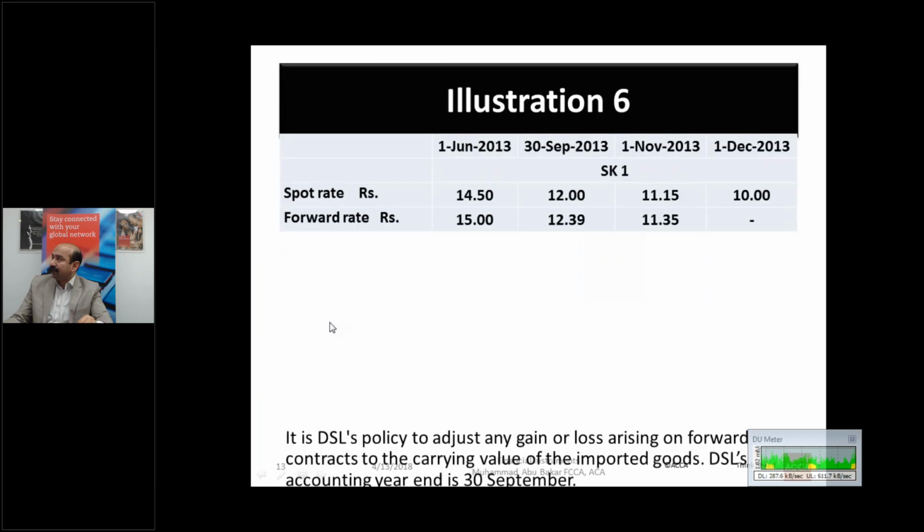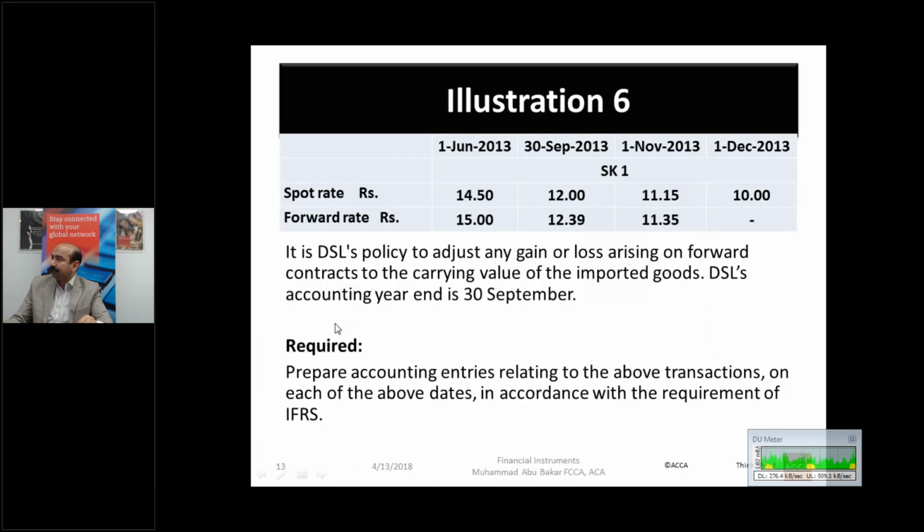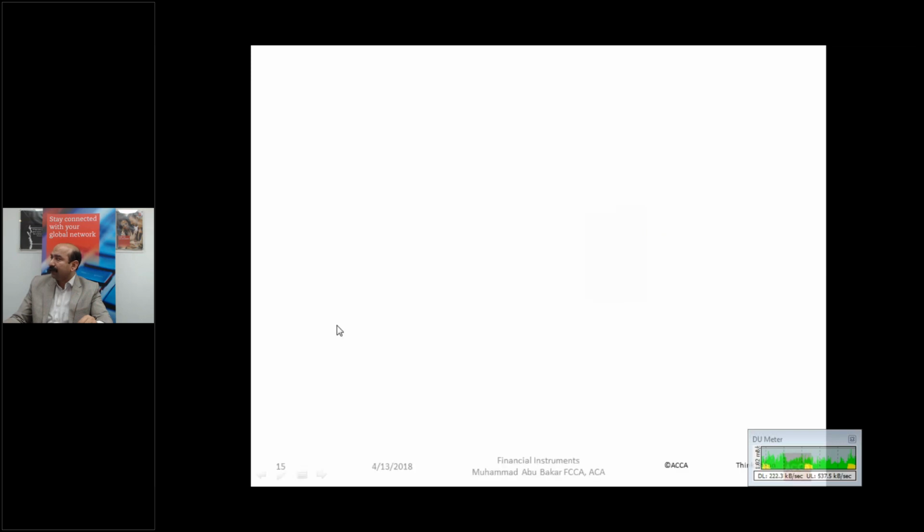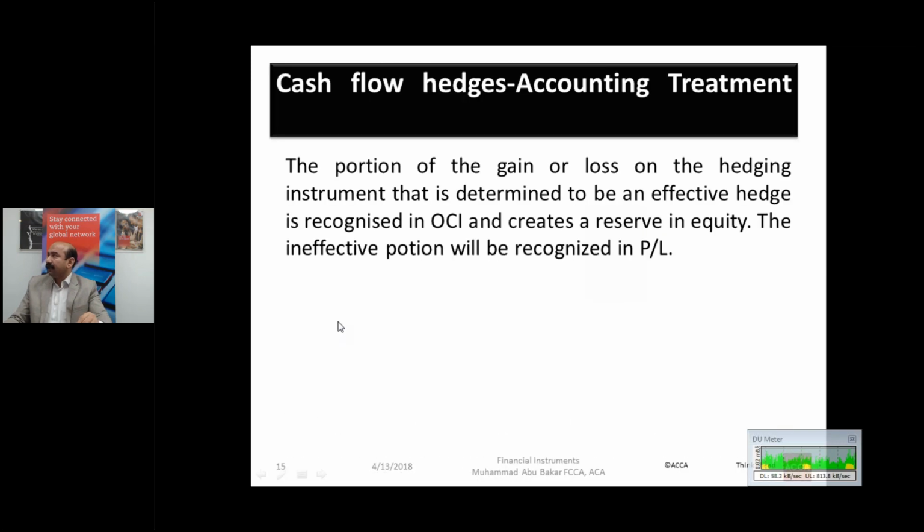The accounting treatment is basically the portion of the gain or loss on the hedging instrument that is determined to be an effective hedge is recognized in other comprehensive income and creates a reserve in equity.